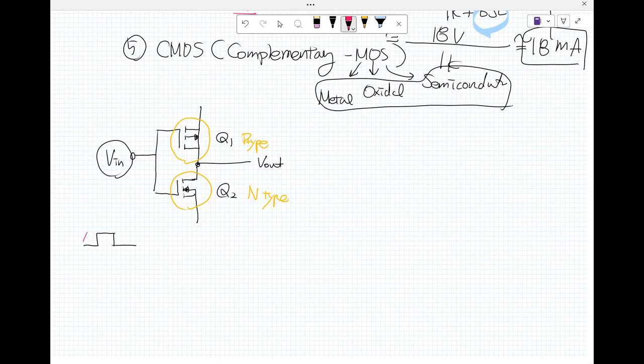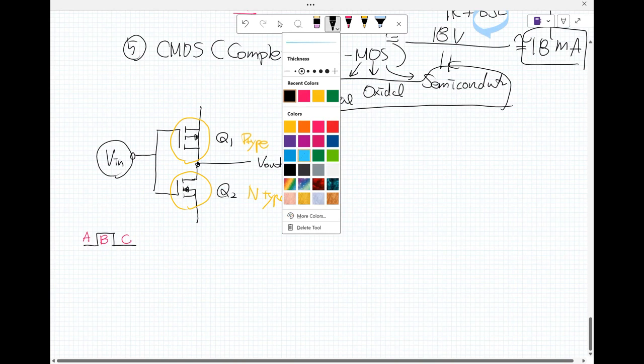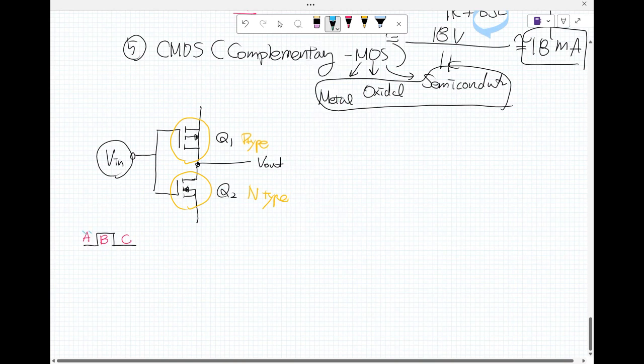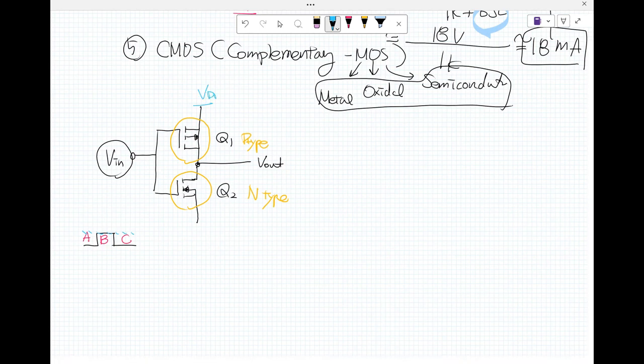Example A, B, C. That was V sub DD and 0 volt.